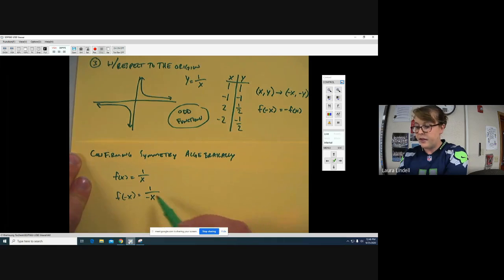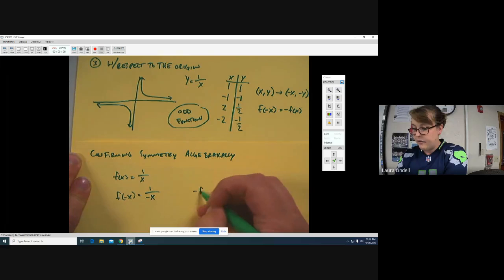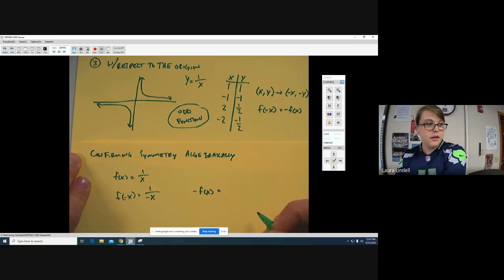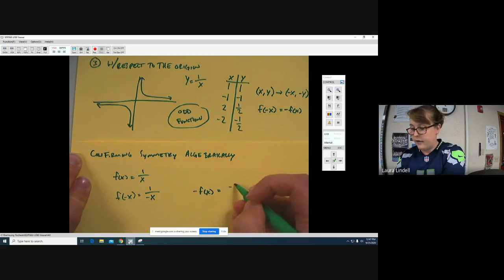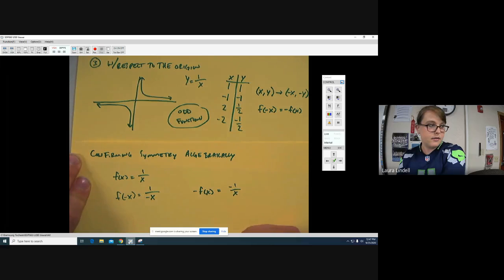I would want to show that this is equal to negative f of x. Well, negative f of x is negative 1 over x. Those are the same thing, right? 1 over negative x is the same thing as negative 1 over x. So I would want to show that those two things end up being the same.